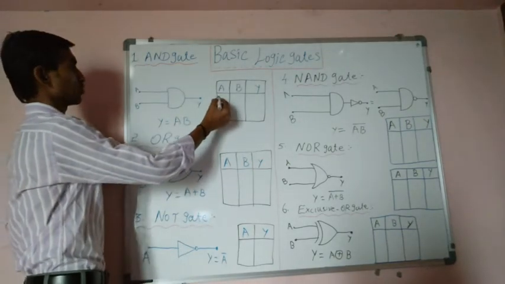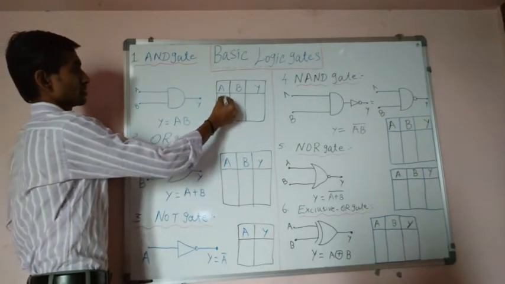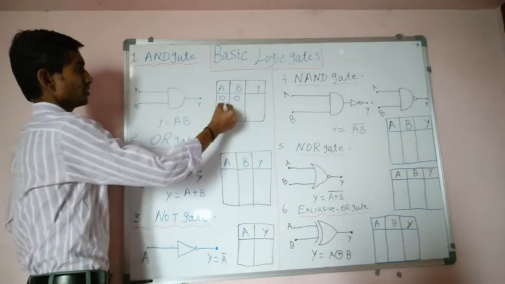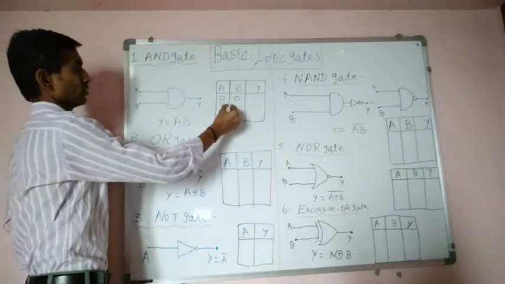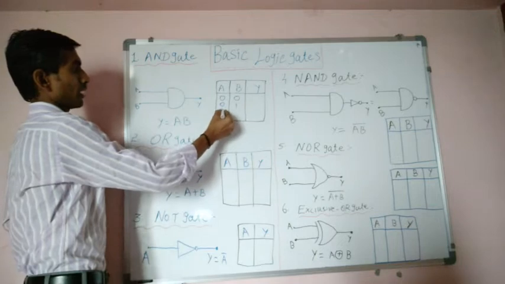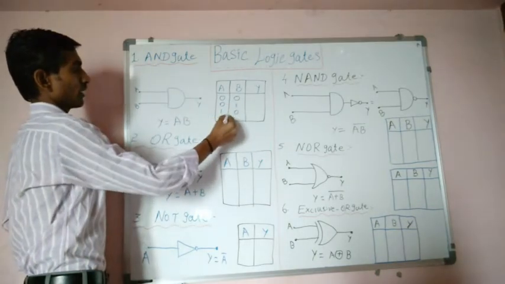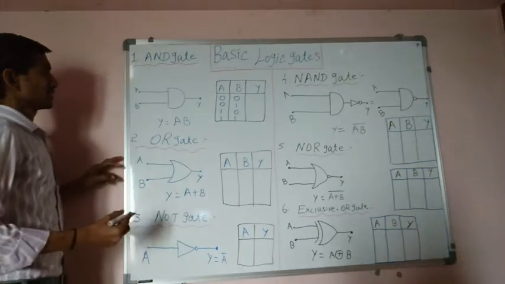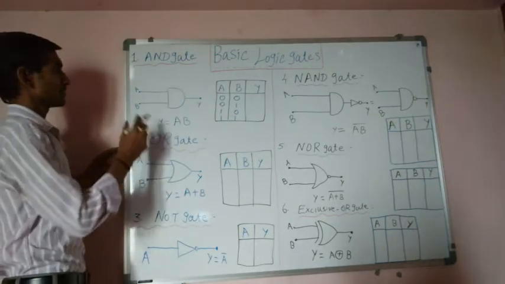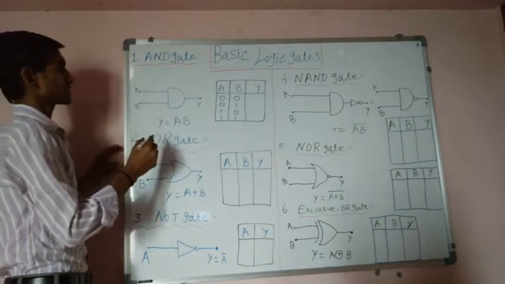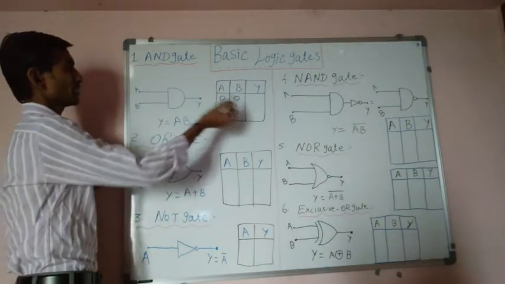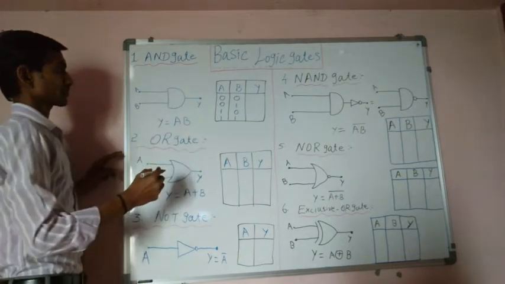Two sets of inputs: 0, 0, 0, 1, 1, 0, 1, 1. If we give these two inputs here, what will be the output?